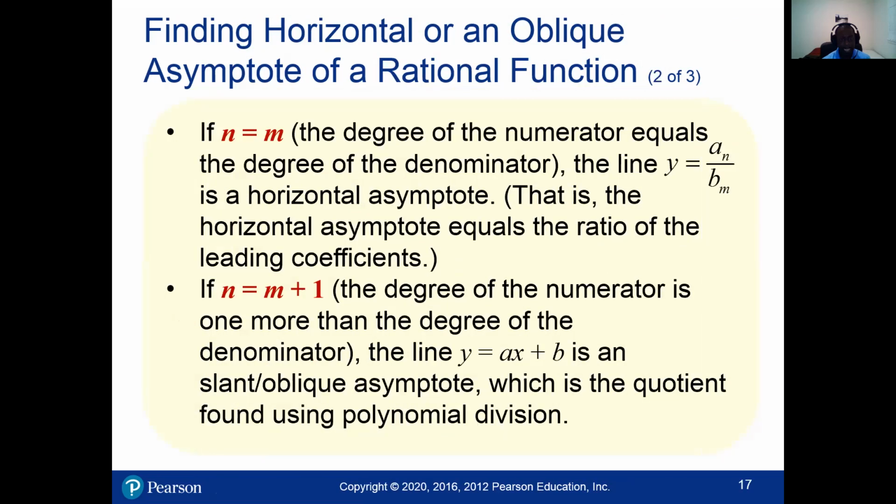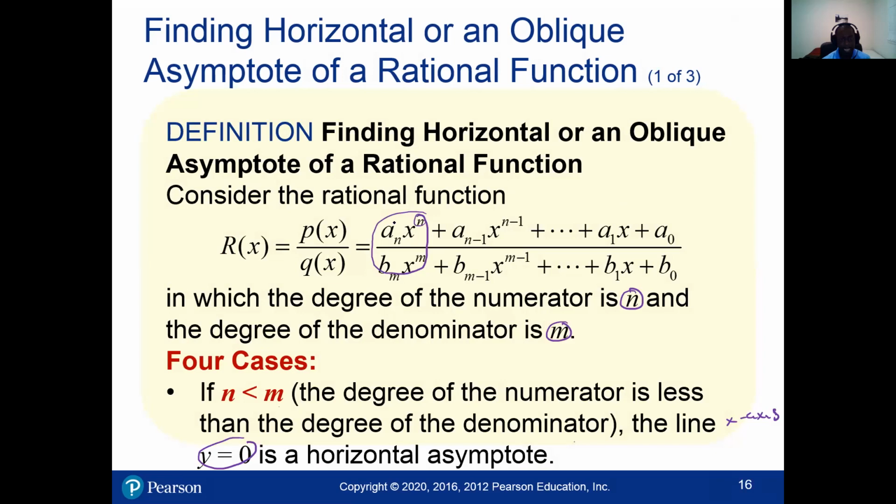Case number 2. If the degrees are equal, then the line y is equal to the ratio of the leading coefficients. So if you go back here, the leading coefficient of the numerator is a_n.